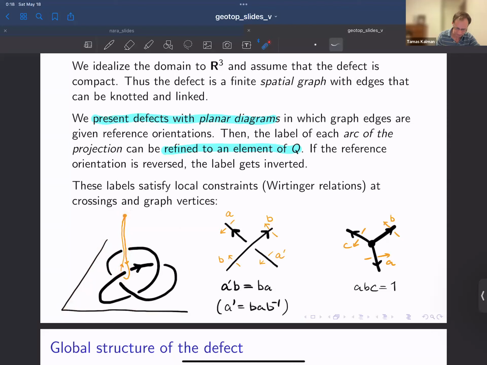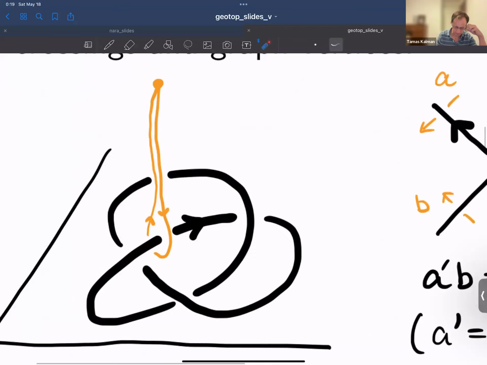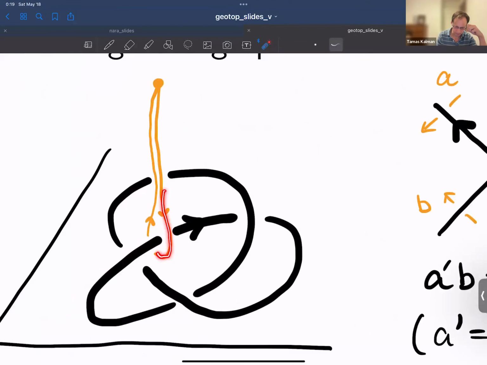That's why I need the reference orientation, so that I know whether to go around this way or the other way. I'm going to prefer going around this way if the reference orientation is this. Does it look like the right-hand rule? It looks like that. Okay, good.